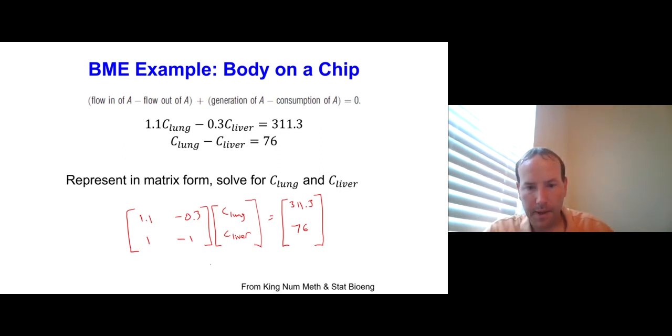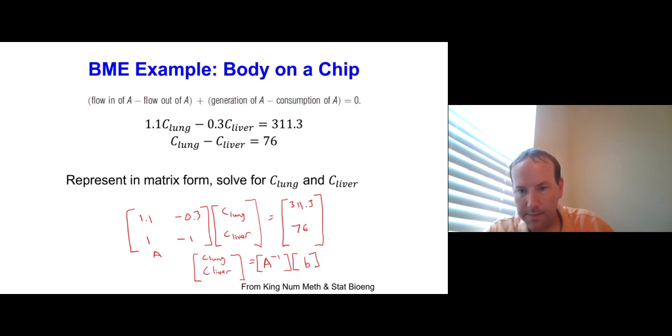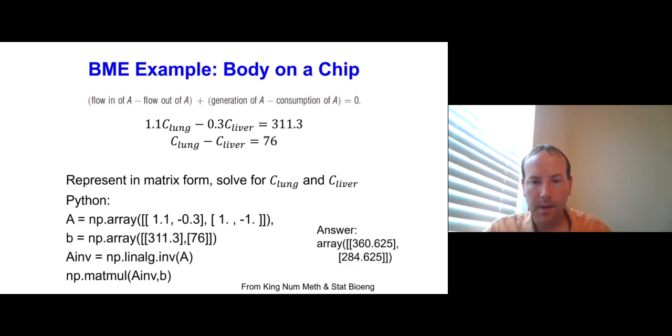If you're going to solve this by hand, then C lung and C liver would be given by, if this is our A matrix, the inverse of that matrix multiplied by our B matrix, this one right here. Or if you're going to solve it in Python, here I give you the relevant commands.